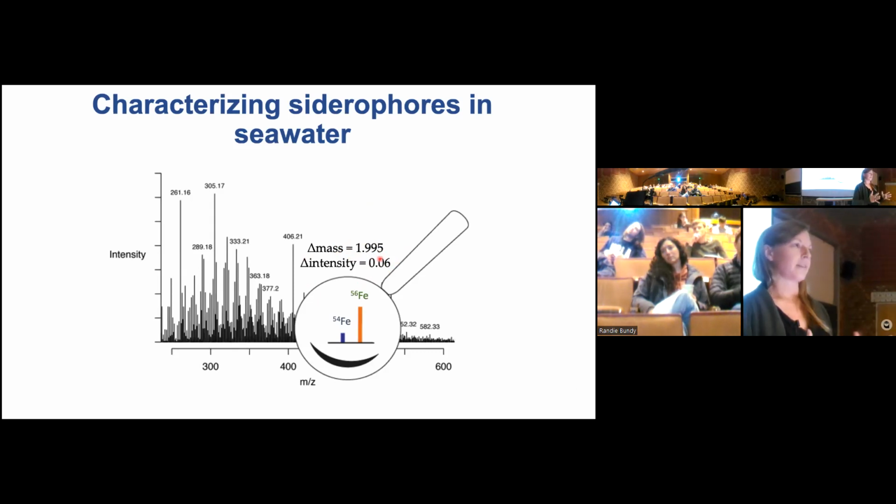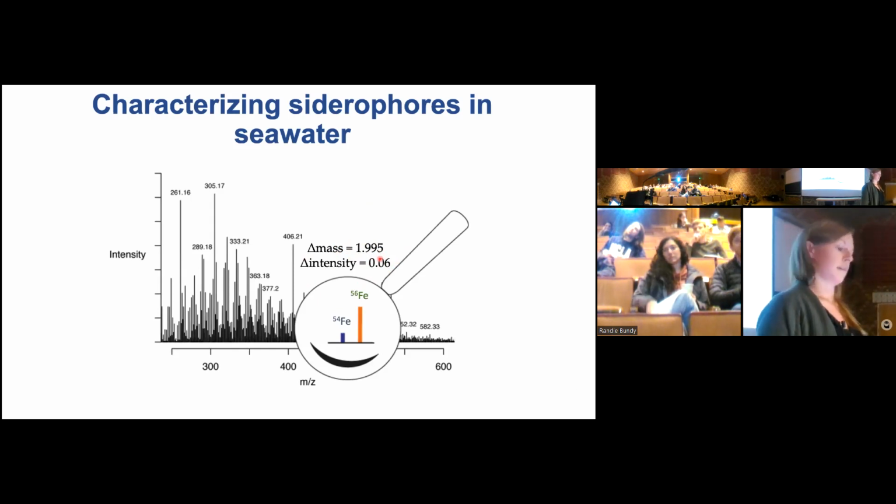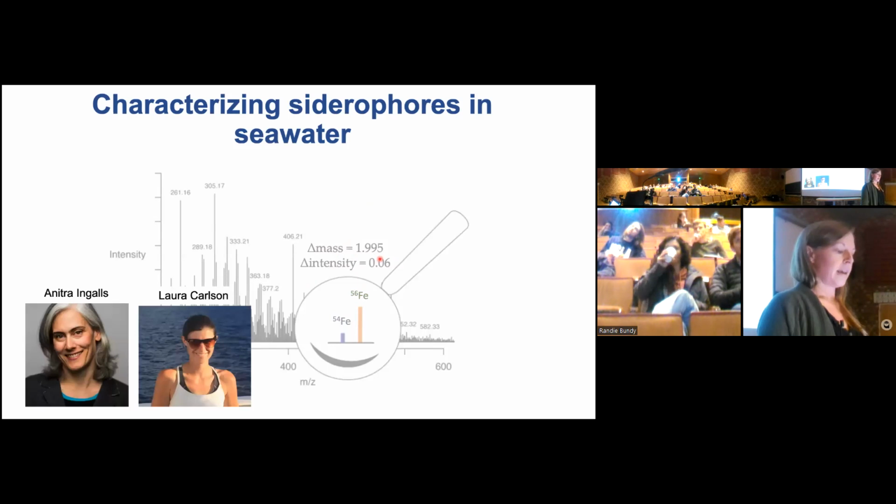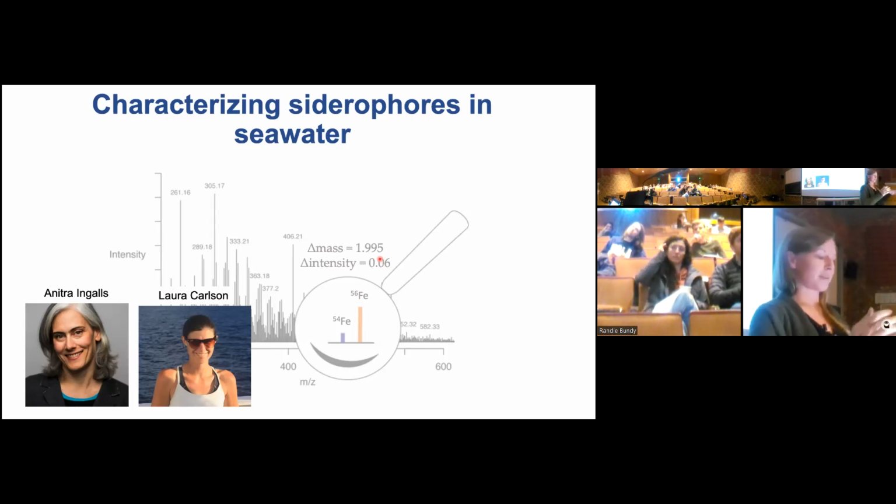That allows us to comb through these and figure out which of the compounds could be an iron containing compound. And for this, we use an instrument that is in Anitra Ingall's lab in oceanography on the 5th floor of our building. So we just wheel our LC upstairs to her mass spec, and then Laura Carlson is the research scientist in her lab that helps us with these analyses.